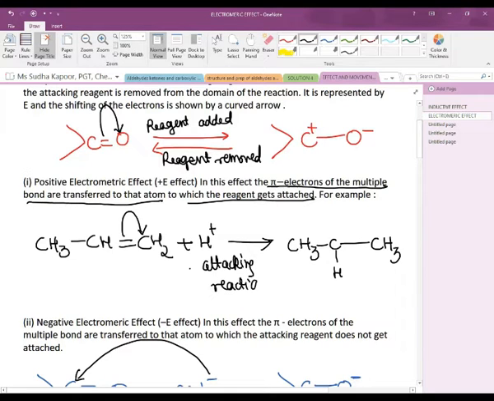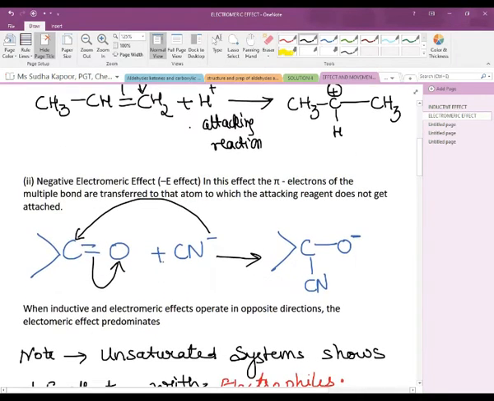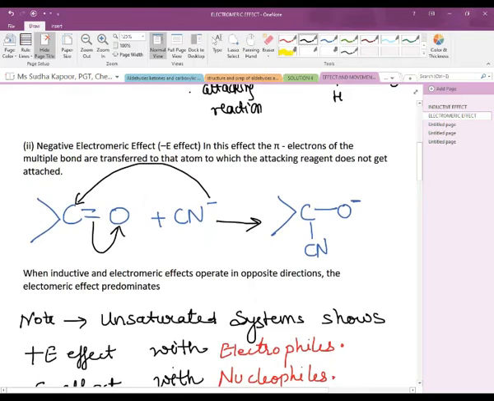So the center carbon, the carbon which is having one bond less, becomes the positive center. So the plus E effect is taken when the bond as well as the attacking reagent both are taken by the same carbon.